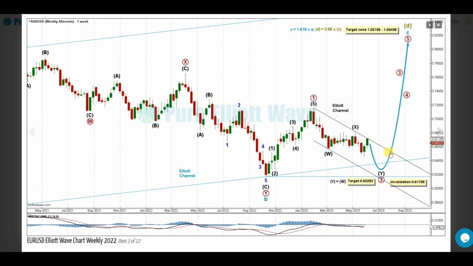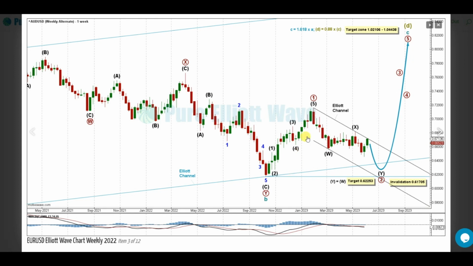So we're having some conflicting signals there, so it's very important to watch these key levels that I'm about to outline for you. In the scenario with more downward price movement, we have a target for intermediate Y to reach equality with intermediate W here, and that would be at 0.62253, which would be right about here where the line comes down, so much further down to go.